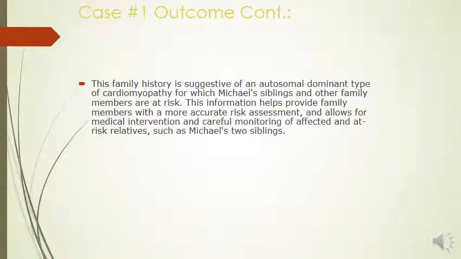This family history is suggestive of an autosomal dominant type of cardiomyopathy for which Michael's siblings and other family members are at risk. This information helps provide family members with a more accurate risk assessment and allows for medical intervention and careful monitoring of affected and at-risk relatives, such as Michael's 2 siblings.